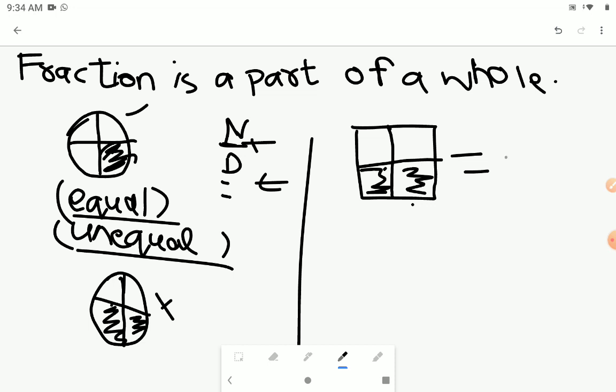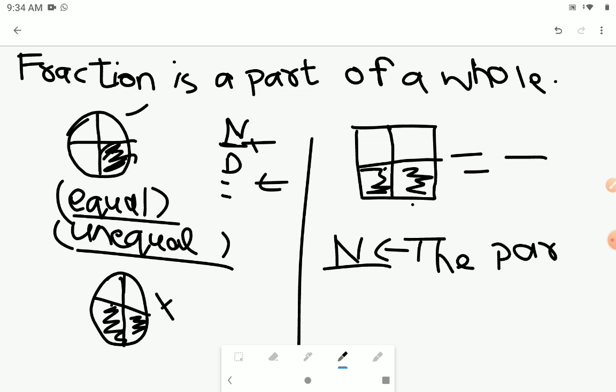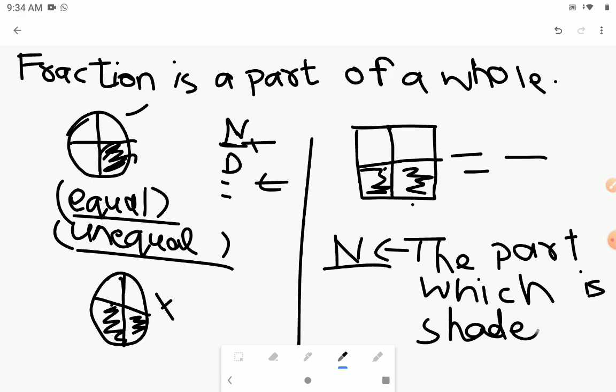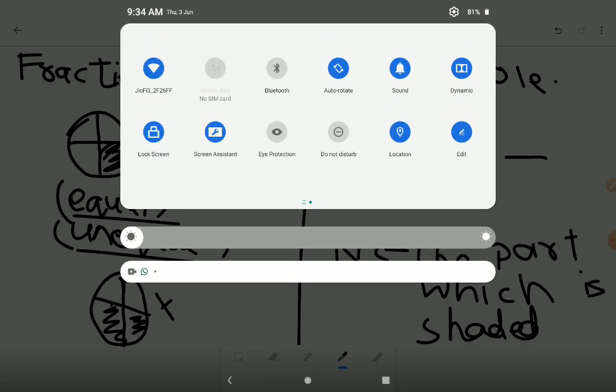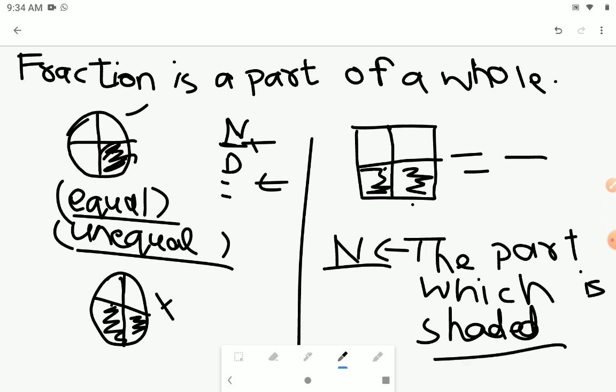So my numerator means the part which is shaded. The part which is shaded.